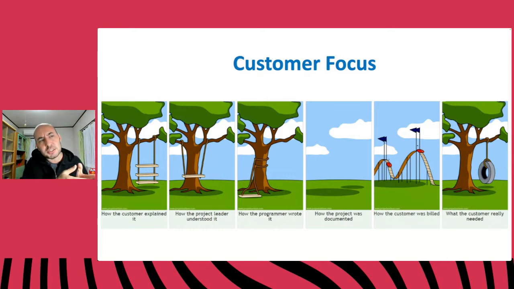So he or she needs some features, and then they explain in a different way, and then it is developed in a different way. So how can I be verified or validated? So having the customer focus, looking at the product from the customer perspective is very important. So what can I do as a quality assurance member?